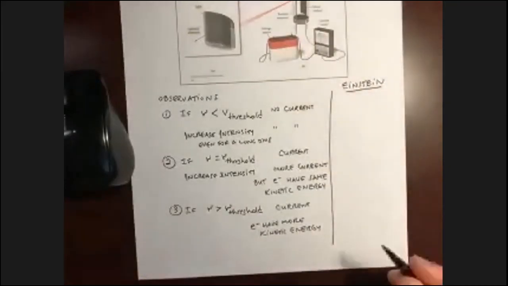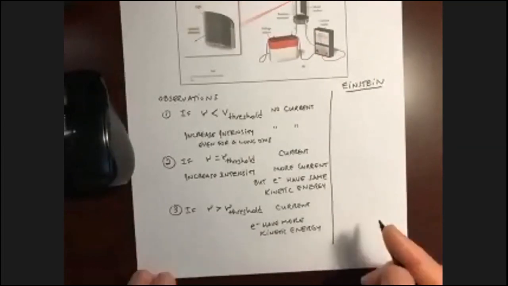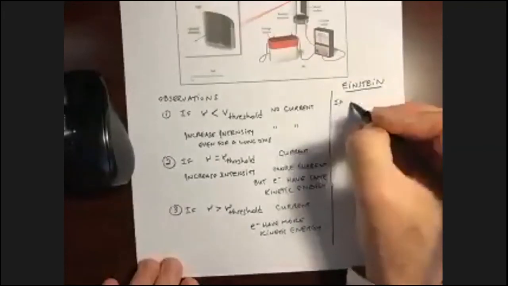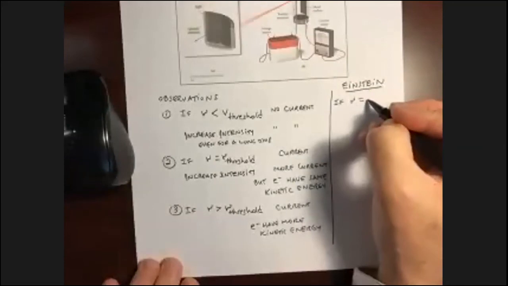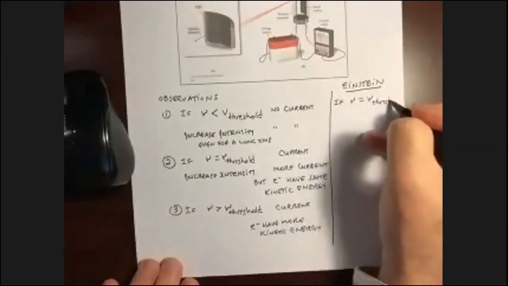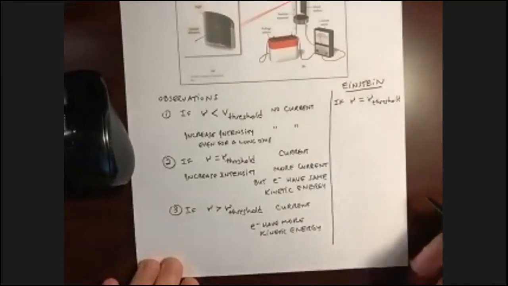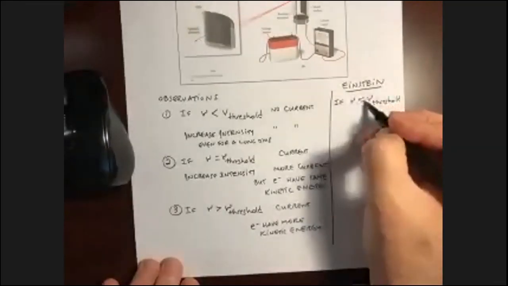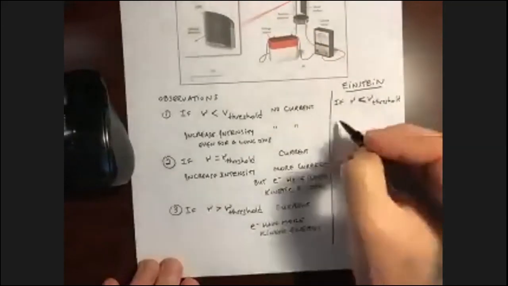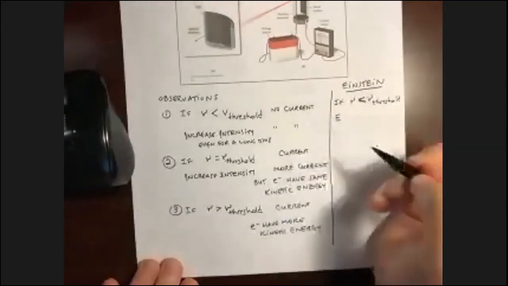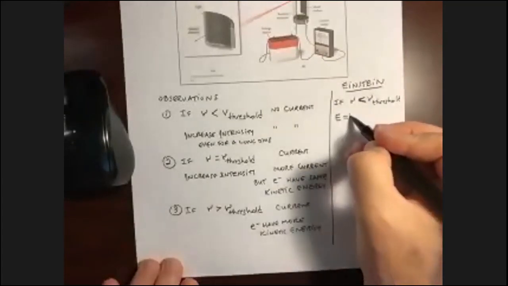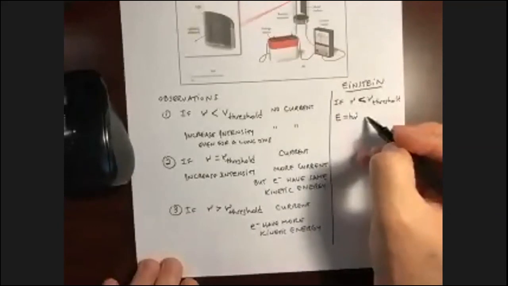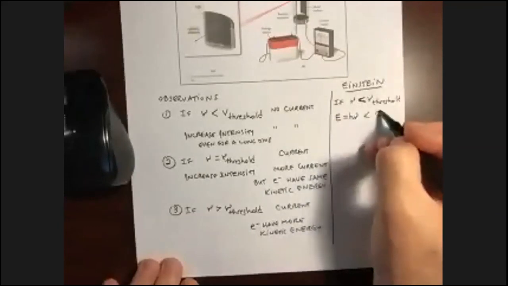All right. So again, the idea here is that if the frequency of light is less than this threshold, what you're saying essentially is that the energy that is produced by this photon is less than the binding energy.